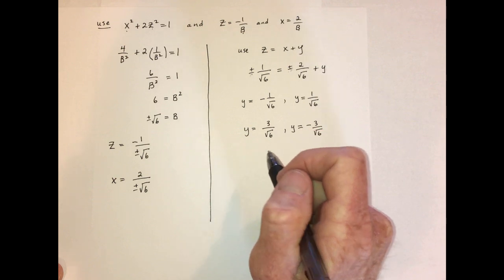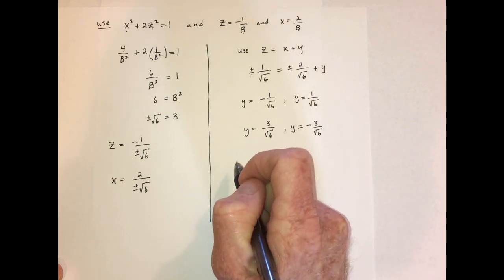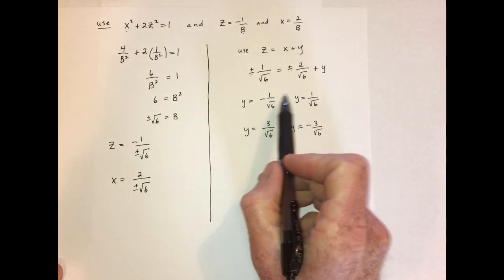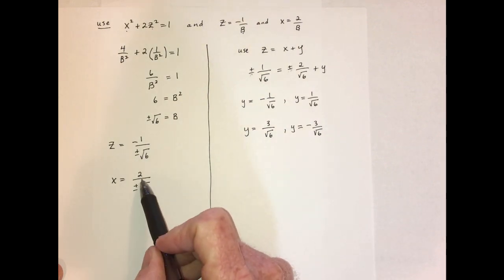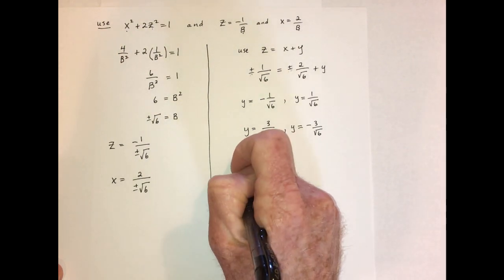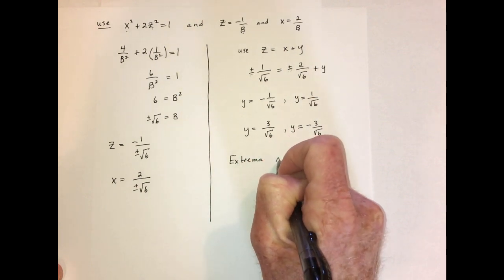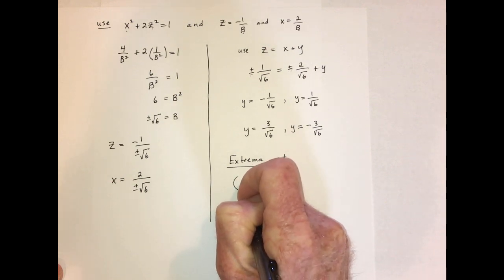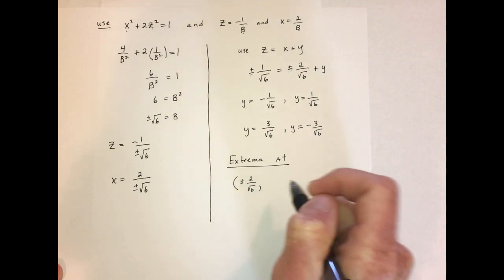Okay, so then our points are, how can I summarize this? Well, I can summarize that by saying plus or minus. I could summarize that by saying plus or minus. These both have plus or minus. So then x needs to be plus or minus 2 over the square root of 6.